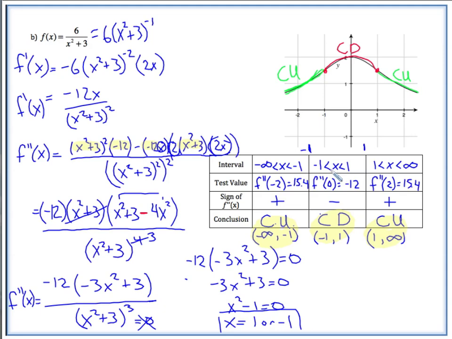And so you can see we picked the intervals right here. We picked test values in those intervals. Your test values may be different, but the signs of the second derivative is what we're really concerned about. And so you should have gotten concave up on the interval negative infinity to negative 1, concave down on negative 1 to 1, and concave up from 1 to infinity.